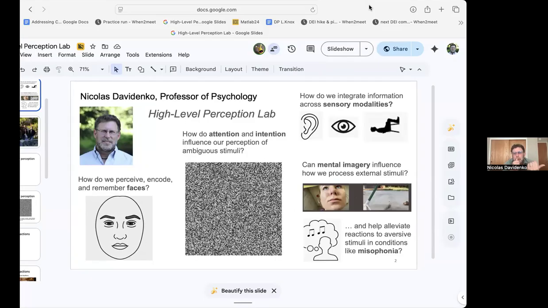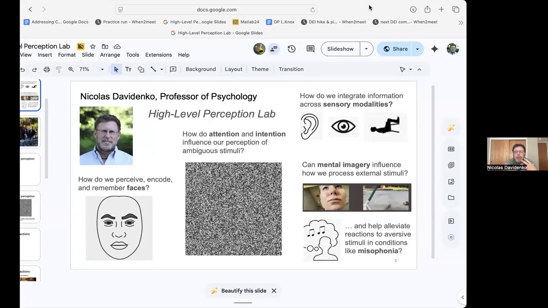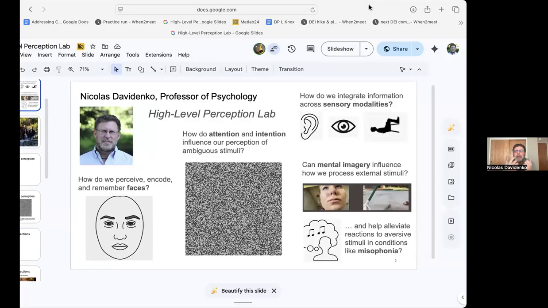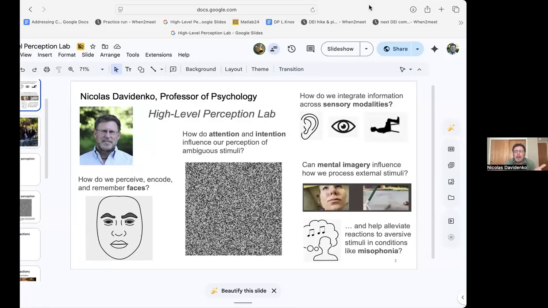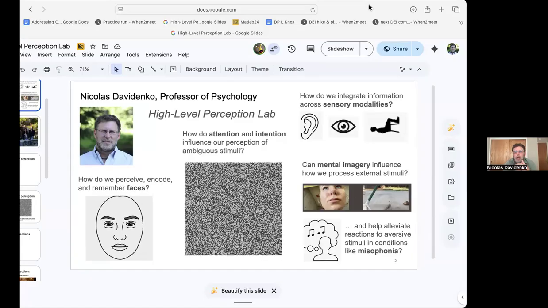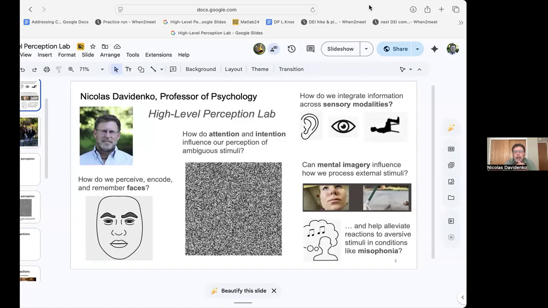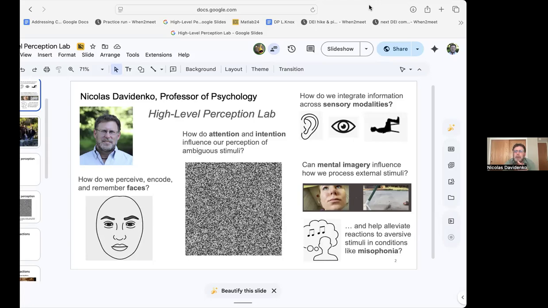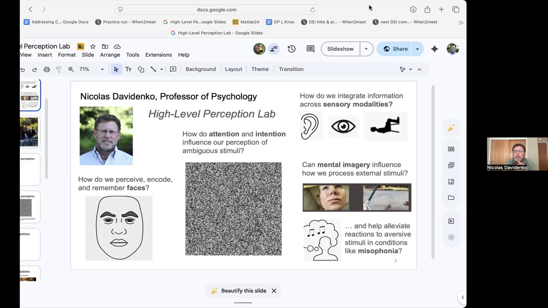So we're actually investigating the non-auditory aspects of that condition. Besides the fact that there are certain sounds that can be triggers in misophonia, we've shown in our work that visual information can modify how people interpret sounds, and even things like mental imagery.